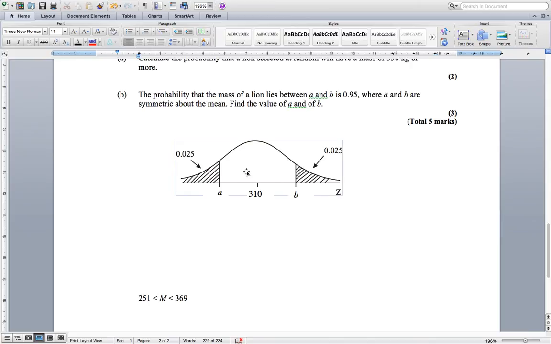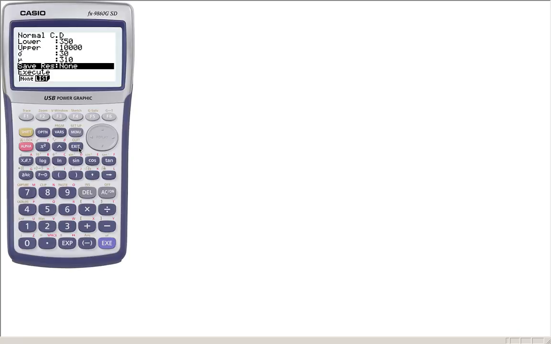So first what I'm going to do is, now this central area is 0.95. So I'm going to use that information to find the values of A and B. So exit, distribution, normal. Now this time inverse normal. Now I'm going to enter F3, that is central, right? Because the tail is at the center. Area is 0.95.